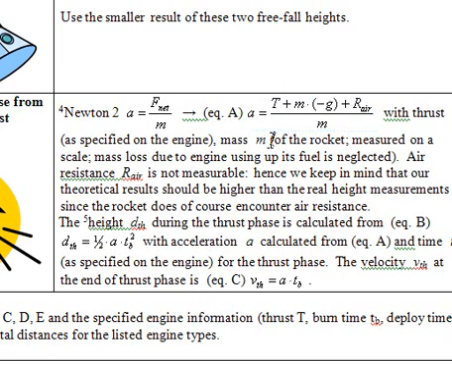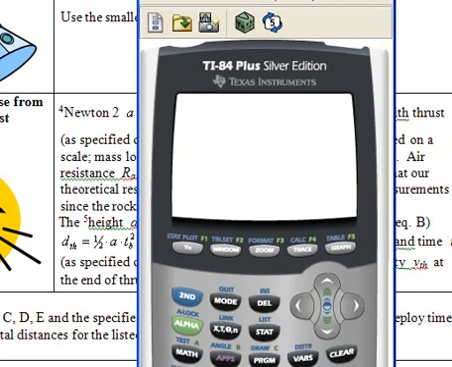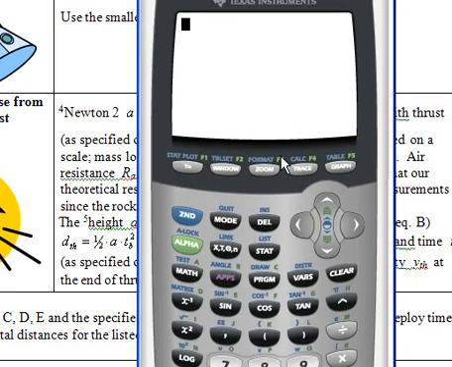So here's what I'm going to calculate. The acceleration equals thrust minus the weight divided by mass, leaving out the air resistance. So the thrust was 4 newtons on the blue rocket, the B4 engine, plus the mass of 0.064 kilograms times a negative 9.8.